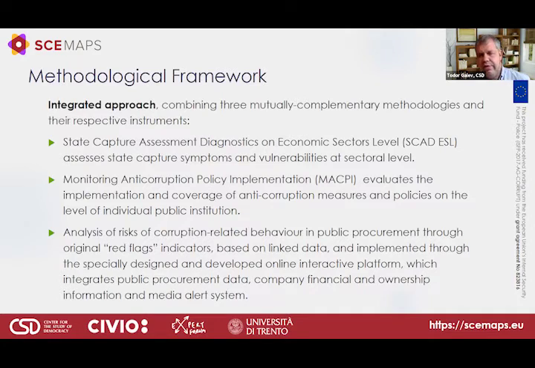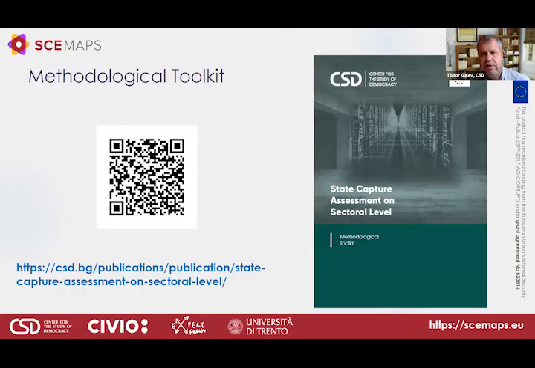This was already said by Alexander, that this is an integrated approach which combines 3 mutually complemented methodologies. I will not stop on it. This is the same toolkit that Sasha presented already.